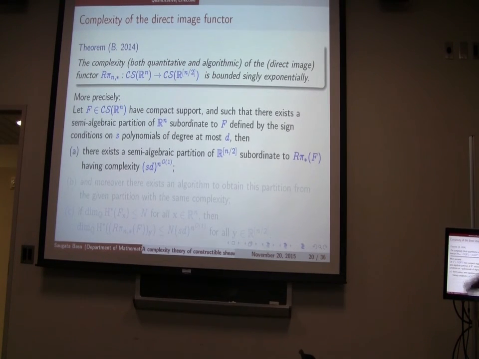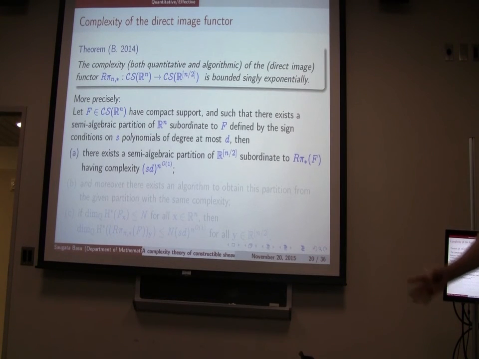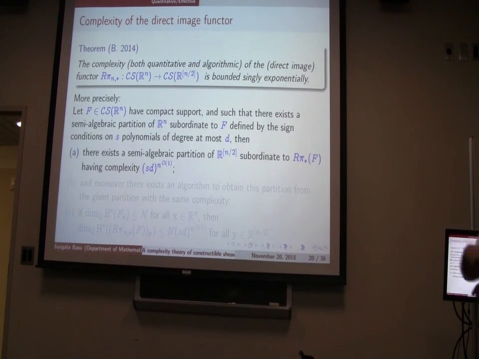And suppose there exists a semi-algebraic partition of R^n subordinate to F, and this partition is defined by, let's say, s polynomials of degree at most d. The sign conditions of these polynomials give you a partition of R^n into locally closed semi-algebraic sets on which F is subordinate.